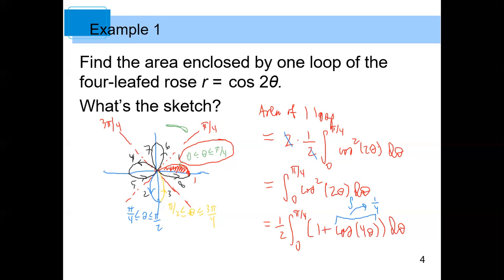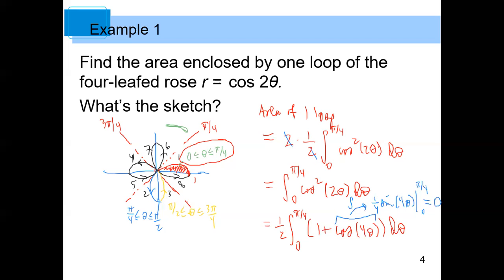And of course, this is going to be evaluated between 0 and pi over 4. But for crying out loud, guys, when I take 4 times pi over 4, that's pi. What's the sine of pi? 0. What's the sine of 0? 0.